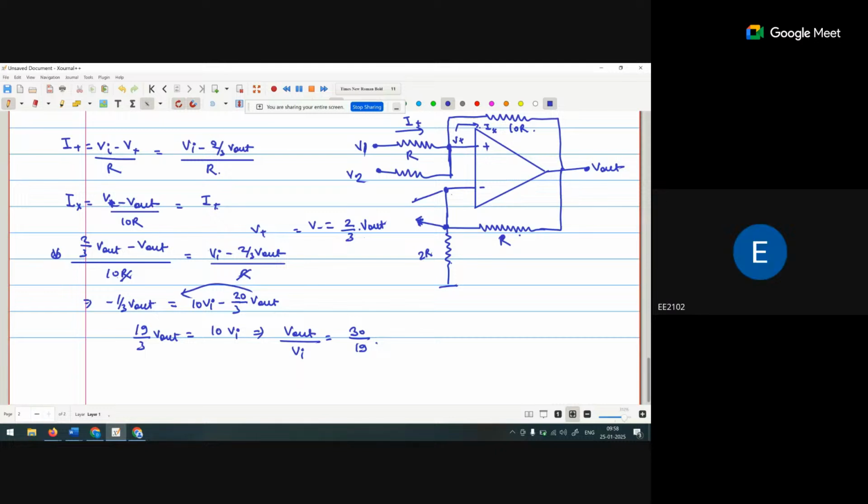Apply the superposition theorem. One with respect to V1, second with respect to V2. Both currents will be added. Like this one is the I1 plus and I2 plus. So both currents will be added here and will go in this direction.